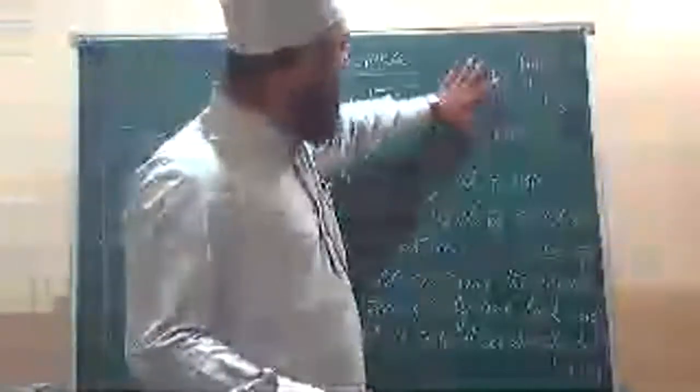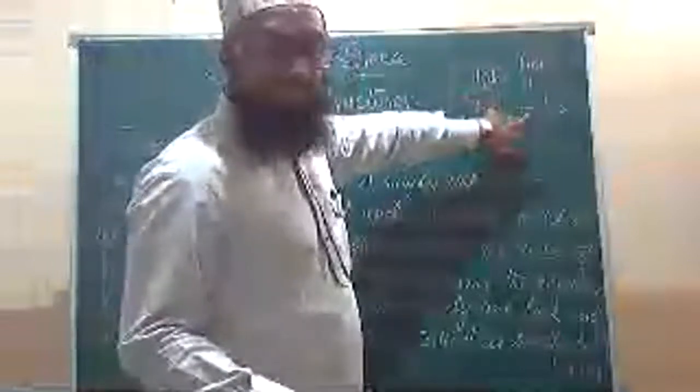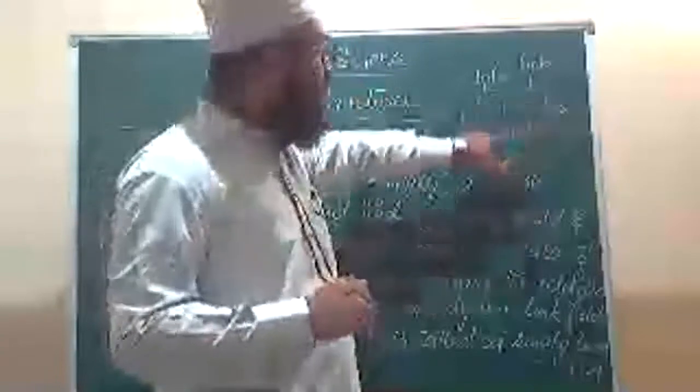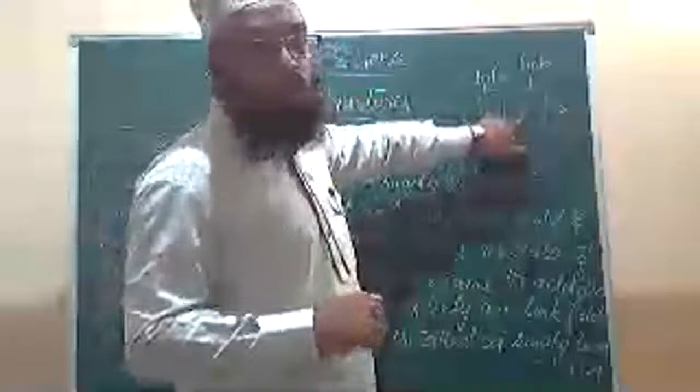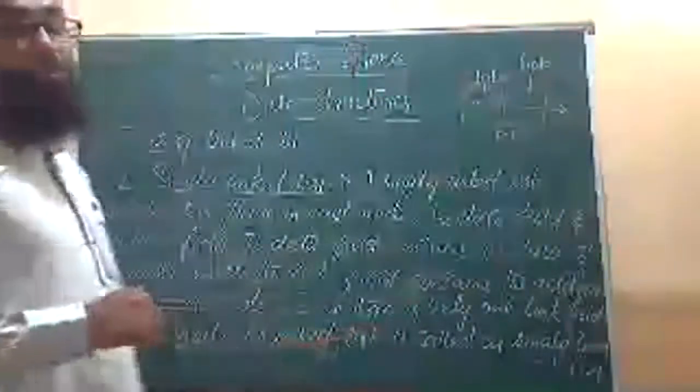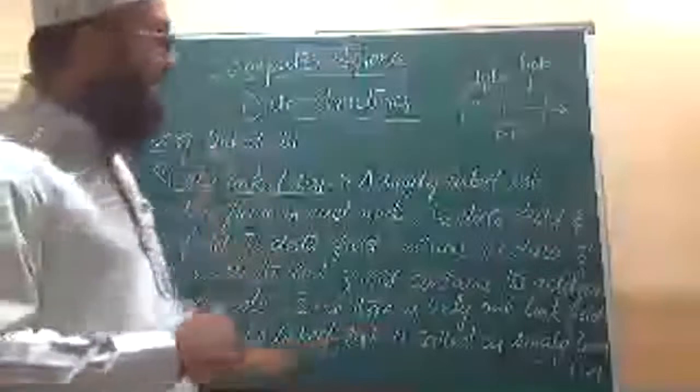Since each node contains only one link field, later you will come to know when the two link fields will come, this type of linked list is called a singly linked list. Hope you have understood.